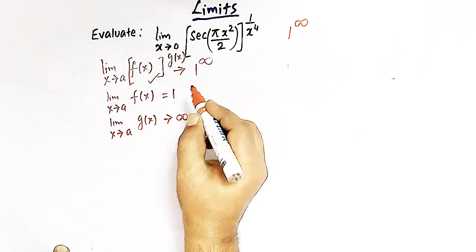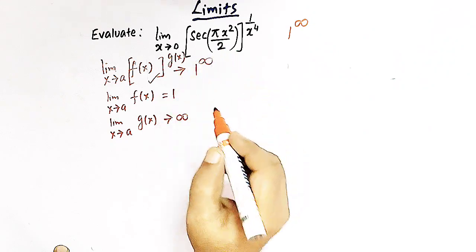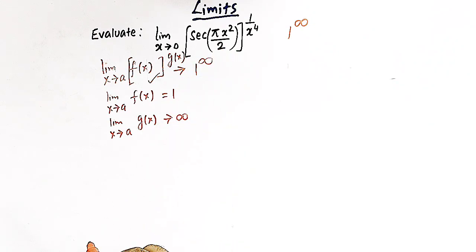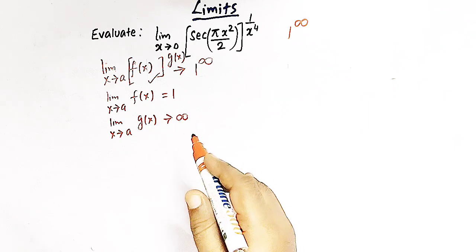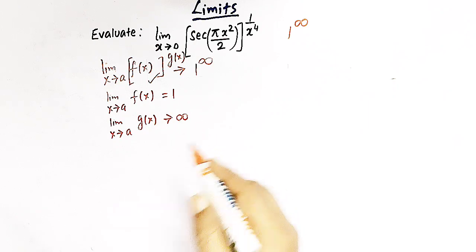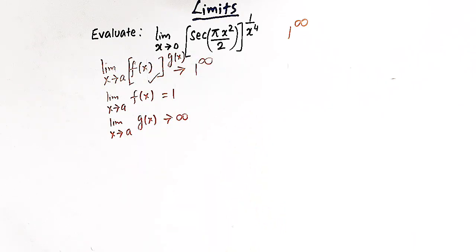We'll see how we can solve this limit by using a direct result. We are not going to discuss the whole method, but here we'll directly apply the method to get the value of this limit.